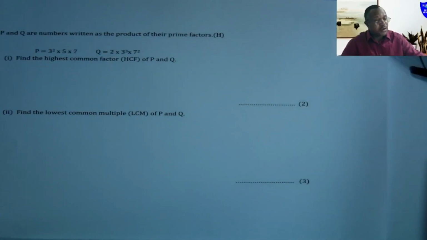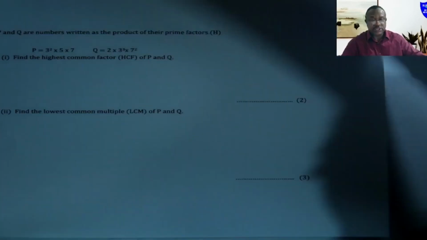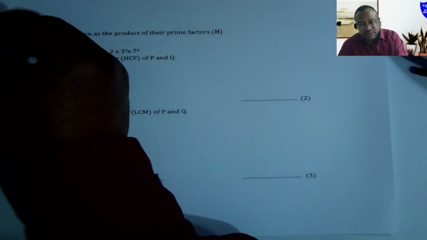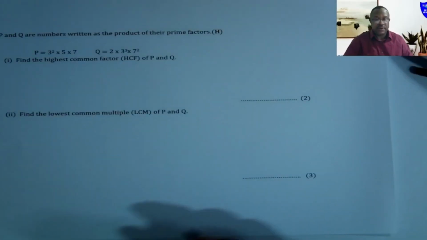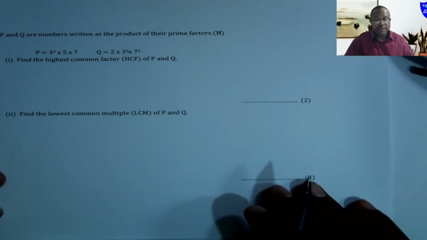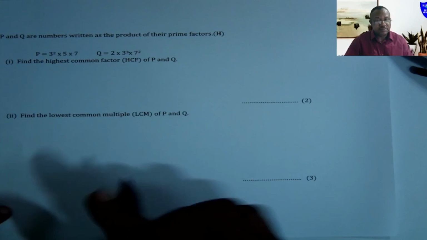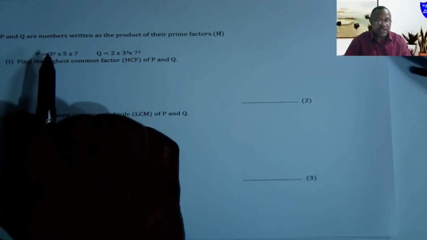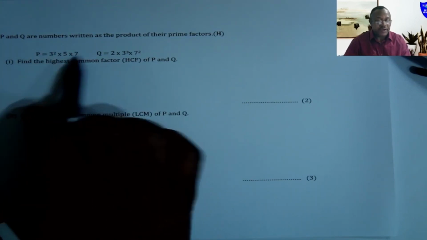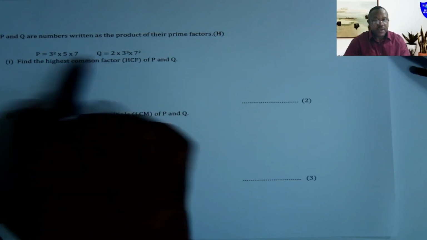Then we go on to number 6. This is number 6. Typographical error there. Right. Then P and Q are numbers written as the product of their prime factors. They've already been expressed as product of their prime factors. There's Q and P there.